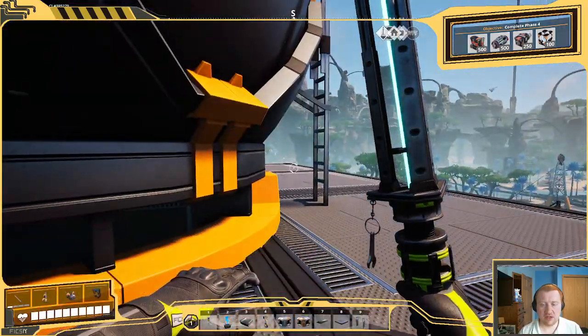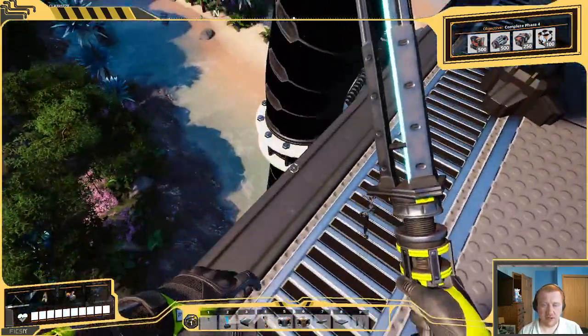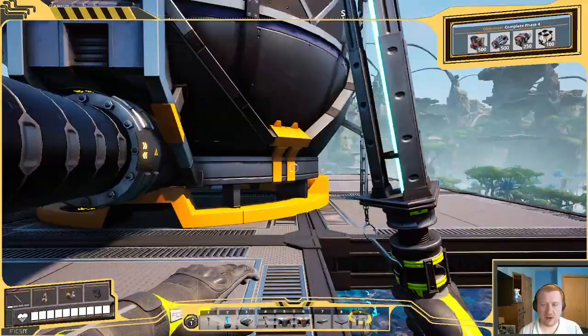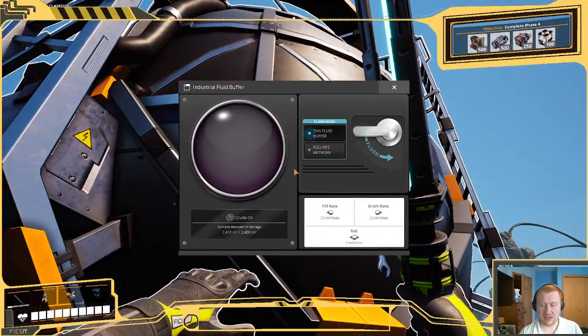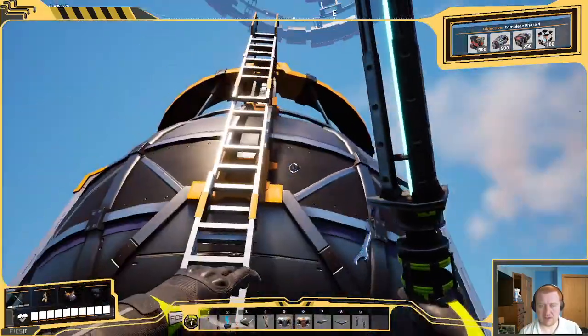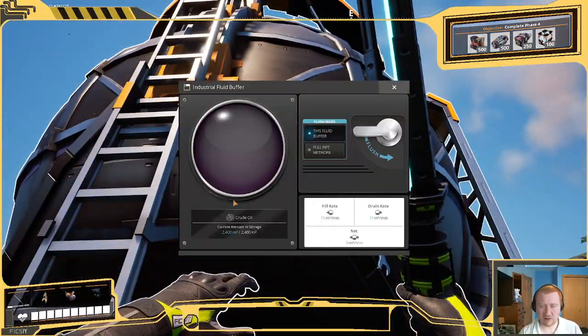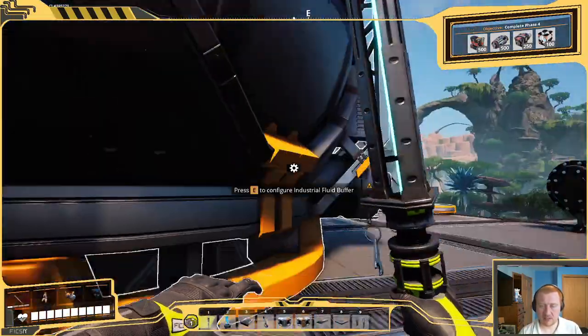So you just got to make sure that your input flow rate is going to be higher than your output flow rate, so that your buffer never empties, or at least it won't empty to the point where it'll be out. That's the important part.